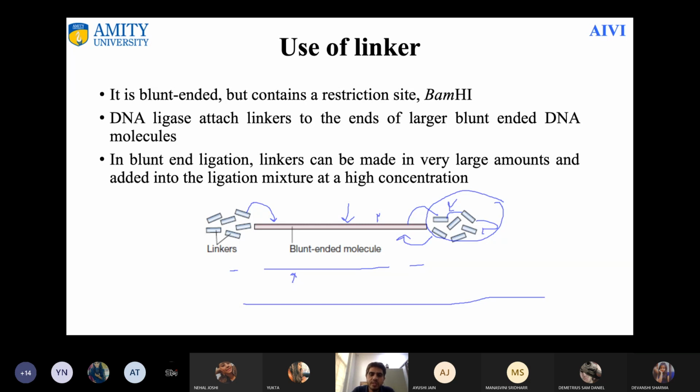Other than the replication process, the cell does not want replication, so it produces some molecules which inhibit the activity of DNA polymerases. If those molecules are present in your DNA sample, they are going to inhibit the PCR also, and we call them PCR inhibitors. Okay, sir. Thank you.